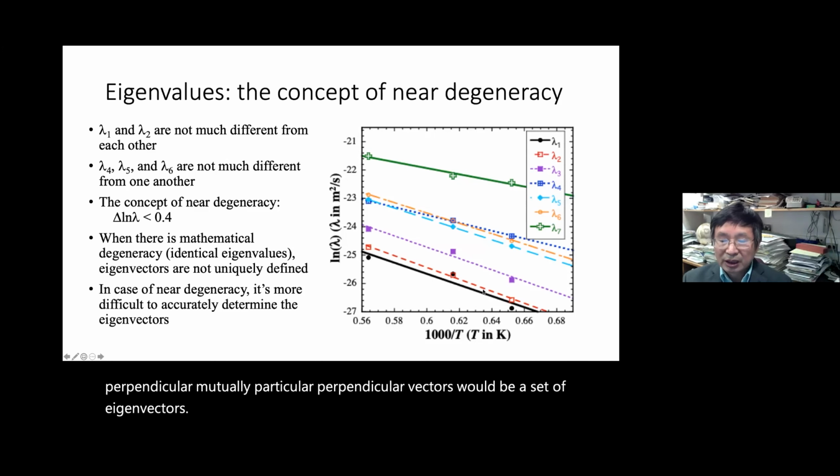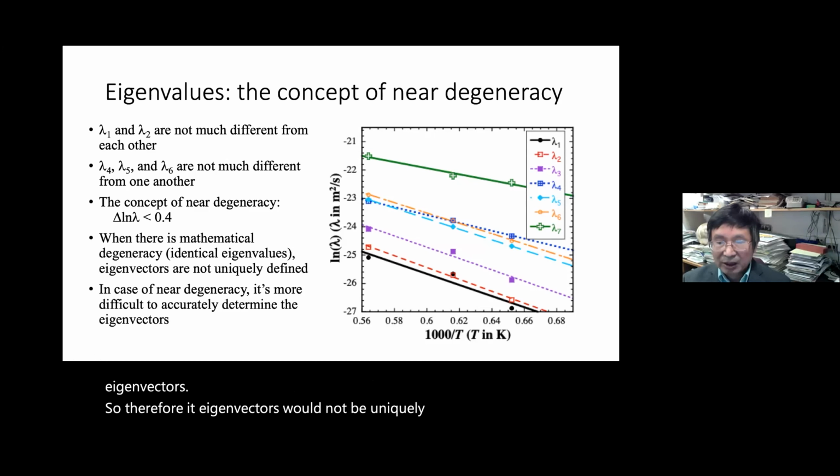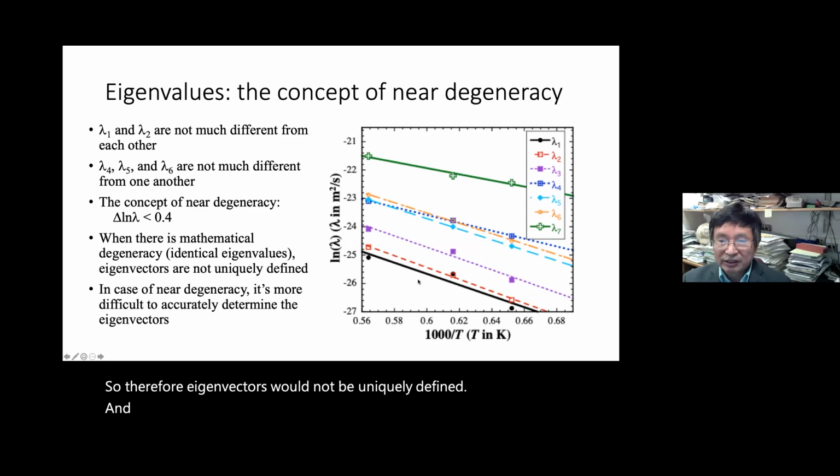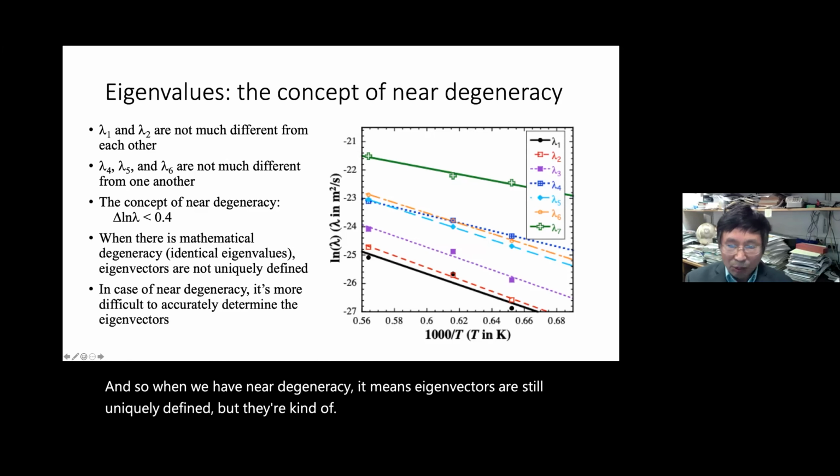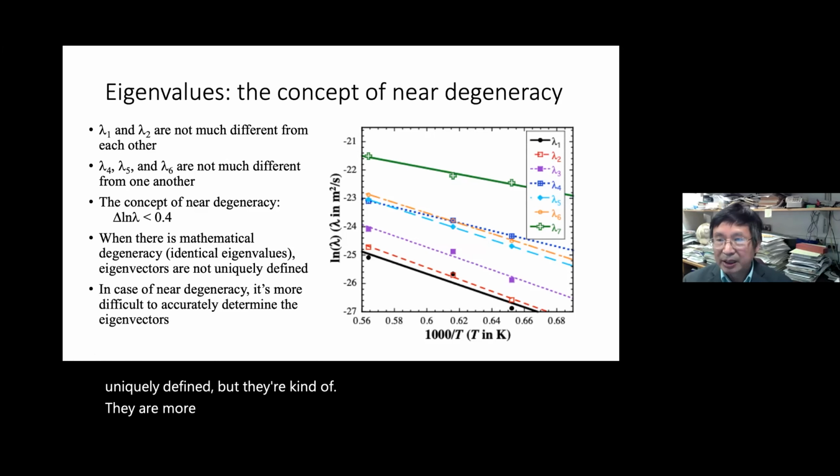So therefore, eigenvectors would not be uniquely defined. And so when we have near degeneracy, it means eigenvectors are still uniquely defined, but they are more difficult to really pin down.